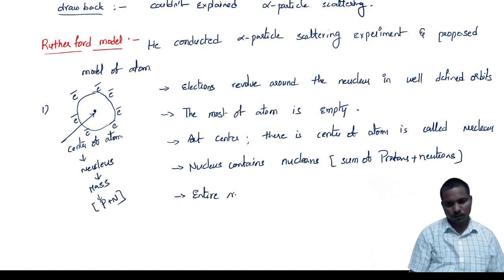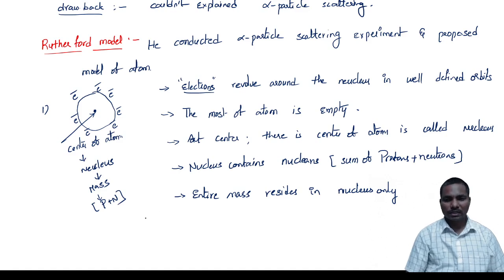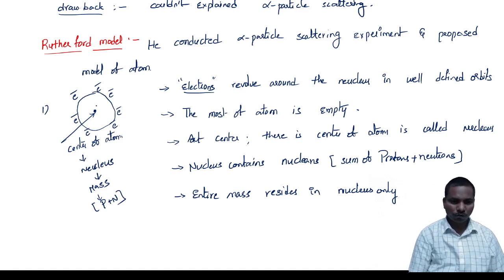Entire mass resides in the nucleus only. The remaining particles are electrons. Electrons revolve around the nucleus in well-defined orbits. So if you consider, it is one orbit, it is another orbit. So well-defined orbits. Okay.